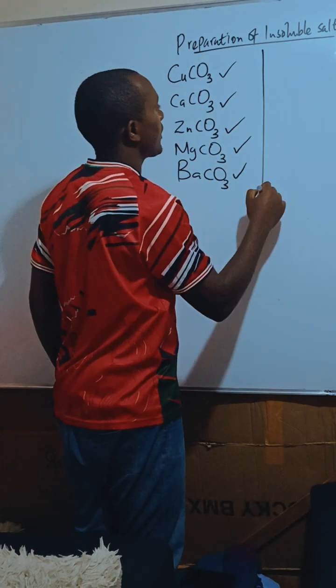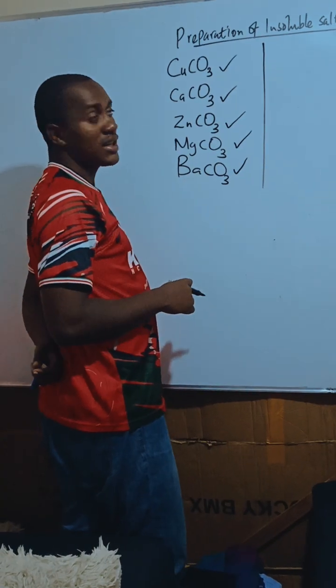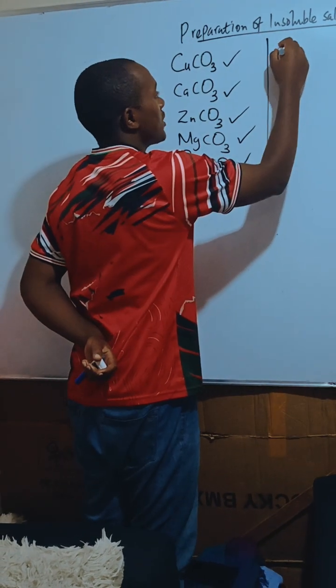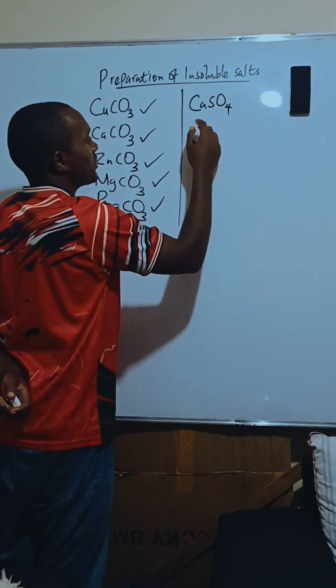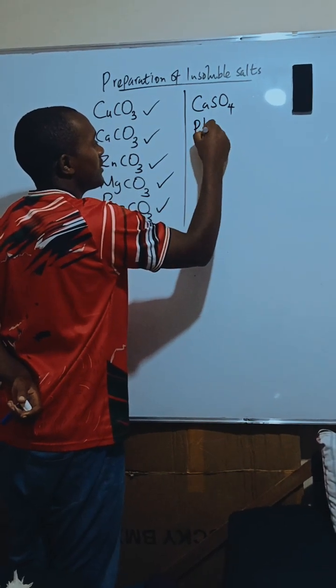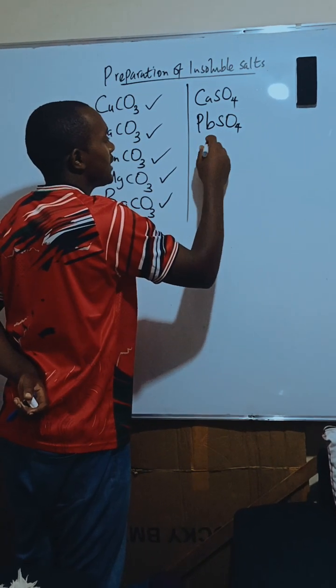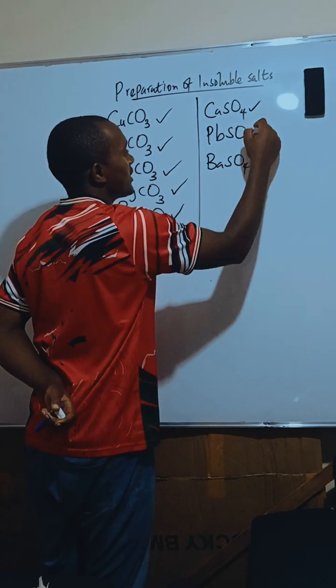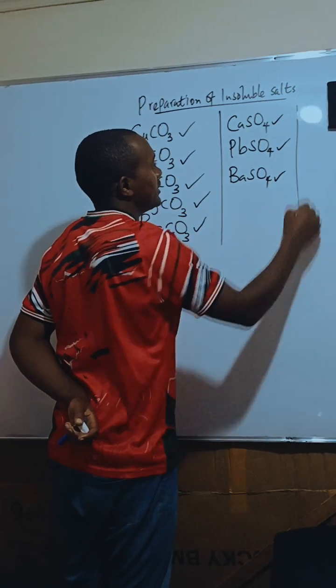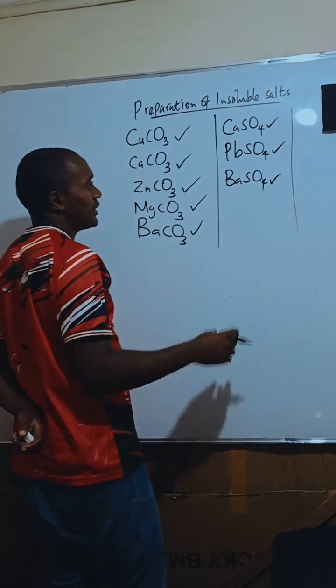Also, other insoluble salts that you can be told to prepare: calcium sulfate, lead sulfate, because these are insoluble sulfates, and barium sulfate.